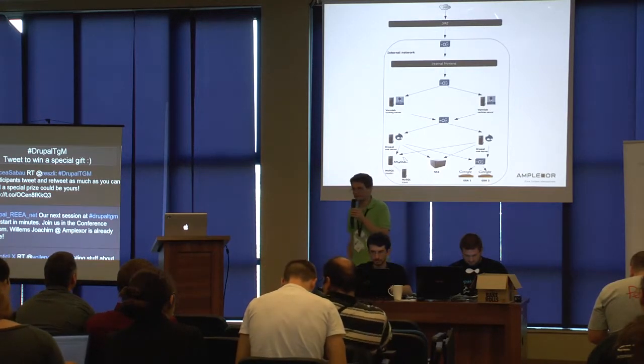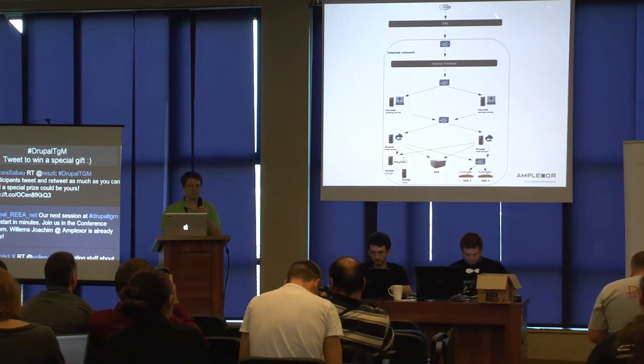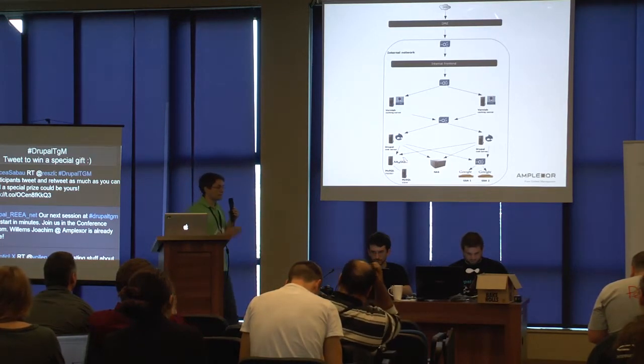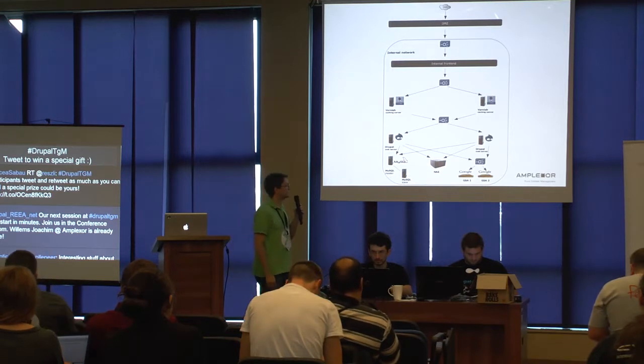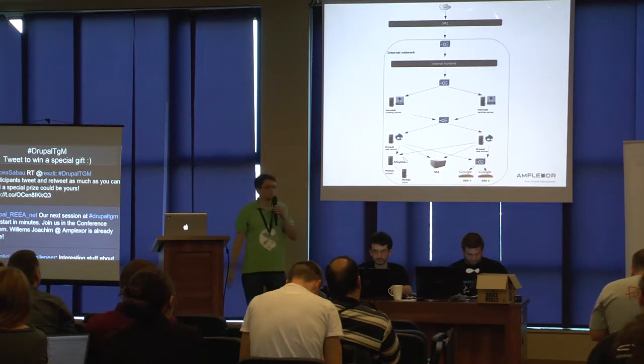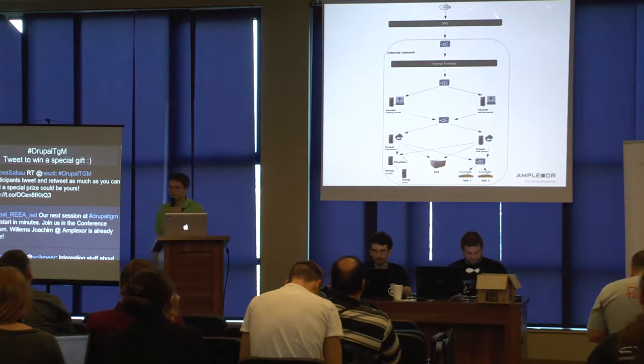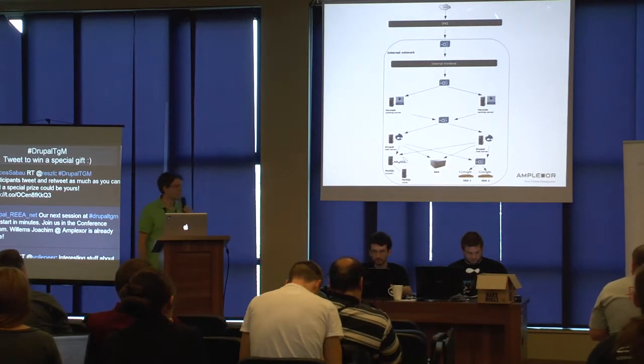It's also a load balanced setup. So a search request that a user sends to the application, to Drupal, is then sent by the Drupal web server to the load balancer, which decides to which Google Search Appliance it is sent.